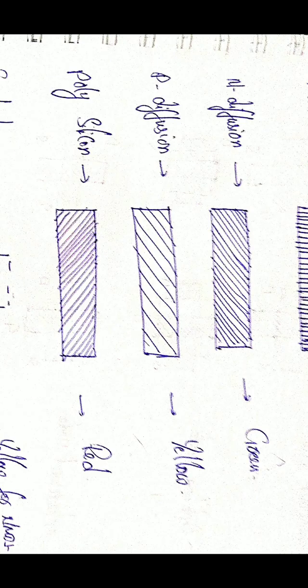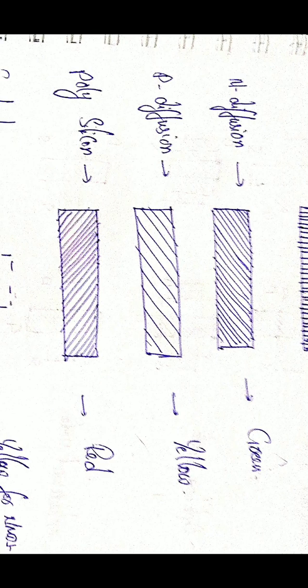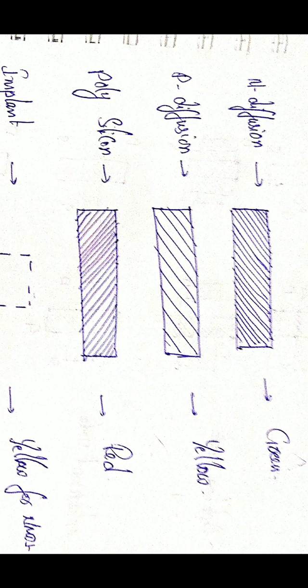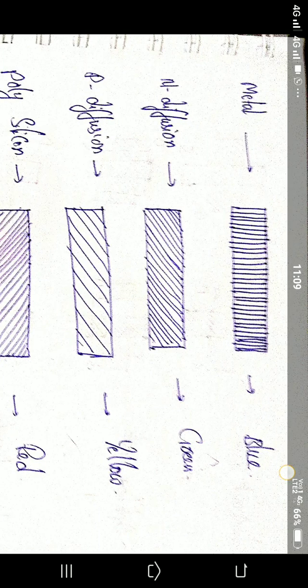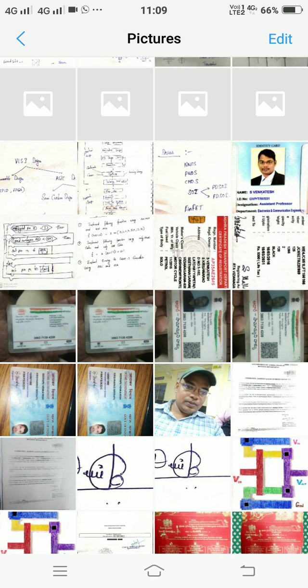That is the difference between drawing N diffusion and P diffusion.